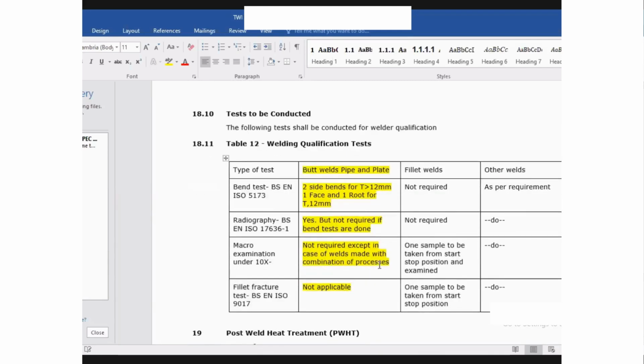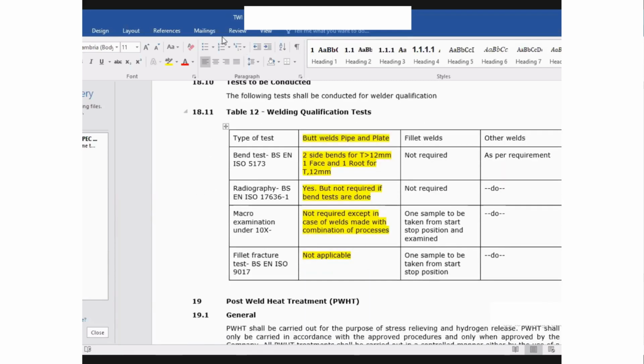Here, welding qualification test. All right, bend test is a 2 side bend for thickness more than 12. All right, 1 face, 1 root for thickness 12 mm below. Yeah. All right. Radiography, yes, but not required if bend tests are done. Macro, not required except case of weld made with combination process.